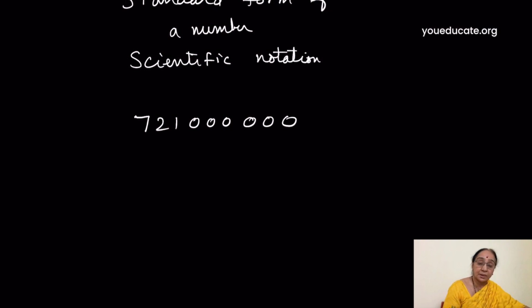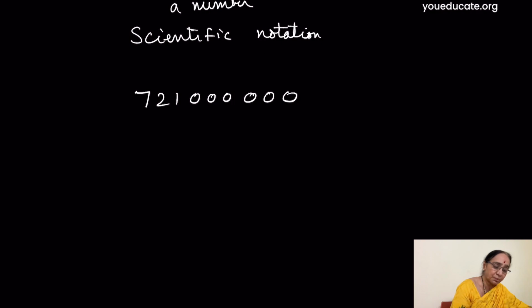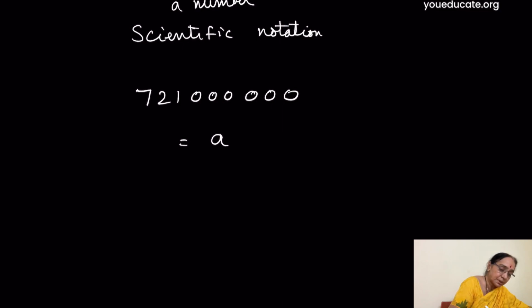Imagine writing these 6 zeros again and again. It's going to be difficult, and sometimes we may miss out 1 or 2 zeros also. So to put them in the scientific notation, you write this in the form a times 10 raised to n. Now this a has to lie between 1 and 10.